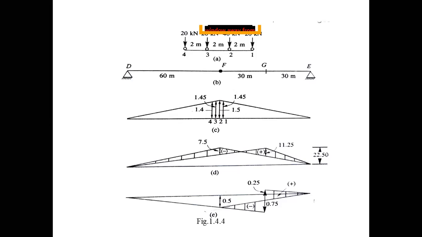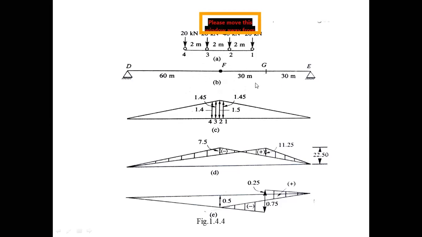Horizontal reaction, bending moment, shear force, all these we will see later. Figure B is also given in the problem. So D and E is the girder, which is 90 meters, and the third hinge will be kept at the center, that means 60.